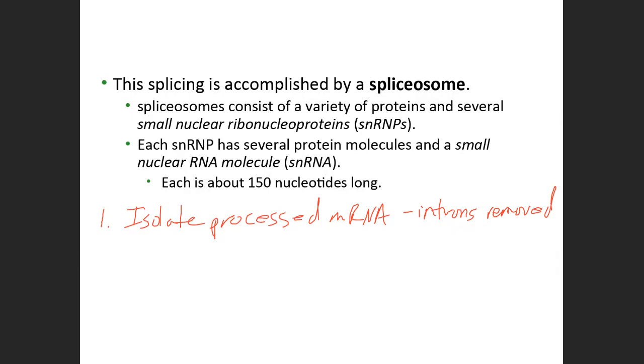So you take that processed messenger RNA with all the introns removed. So you obtain that. Well, now you've got an RNA with no introns. What can you do with that?